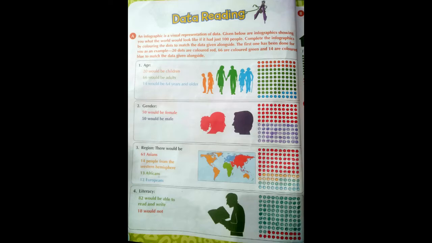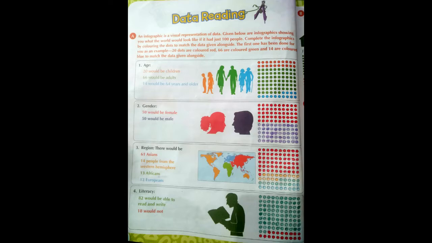See the first question, age. 20 would be children. That is in red color, isn't it? So we color 20 dots in red. See, 20 dots are colored in red. 66 would be adults. That is in green color.